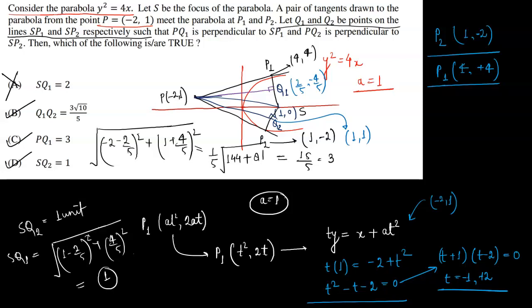So both triangles were congruent, so SQ2 was equal to SQ1. You can replace SQ1 and SQ2, and the triangles are almost the same in angles as well as the distance of the sides.